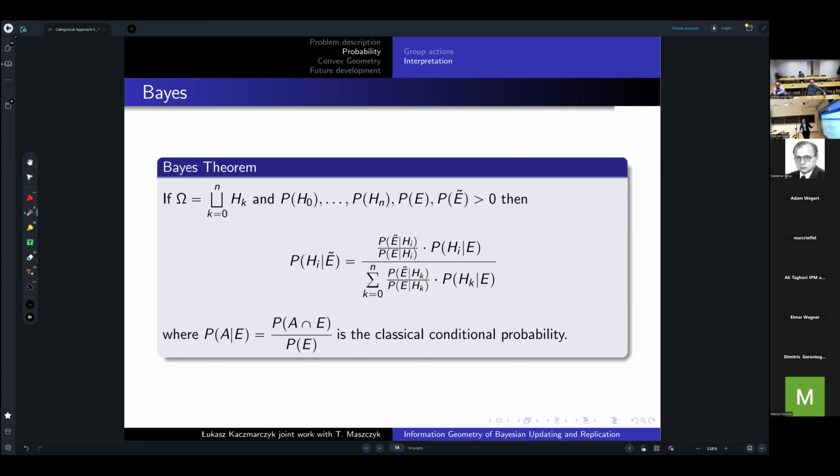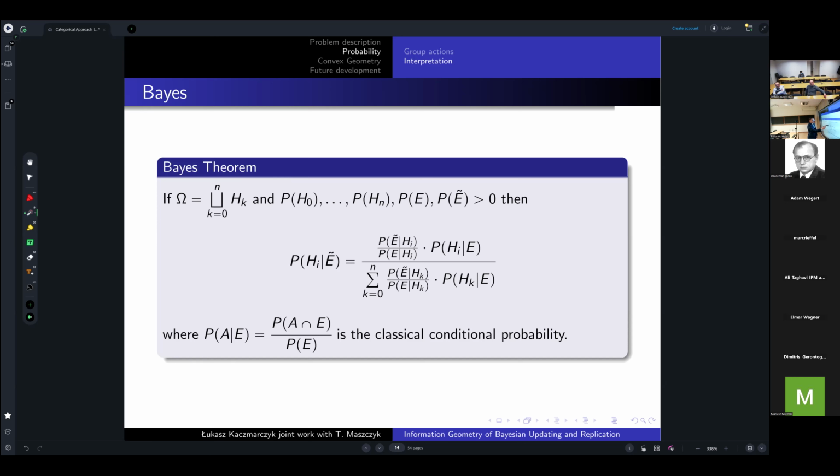Unfortunately, the usual Bayes theorem for a simple finite disjoint sum of hypotheses will give us the interpretation of the group BP of P as the Bayesian action.